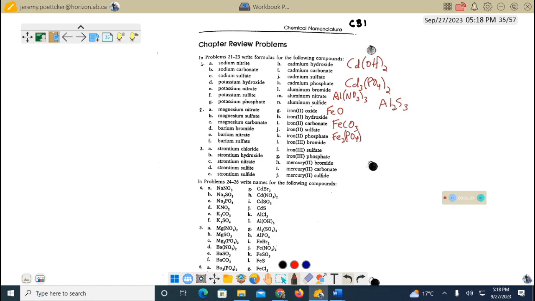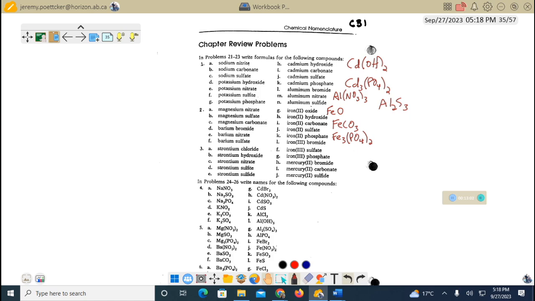Fe2(PO4) in brackets. That's not right. Let's try that again. Iron 2 phosphate is going to have 3 irons because each of them is 2 plus, so that gives me a total of 6 pluses. PO4 2 times because each of them is a 3 minus.